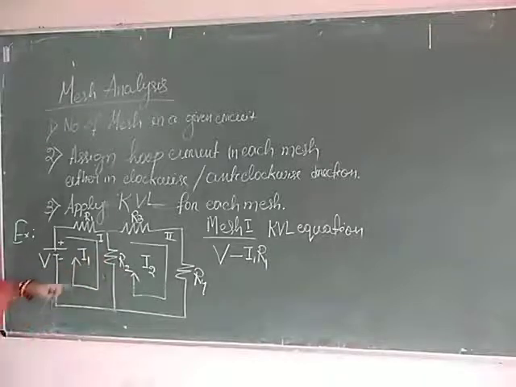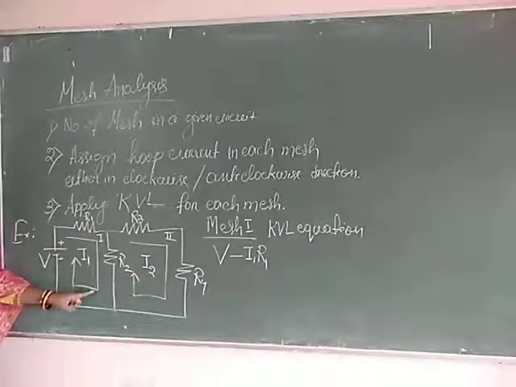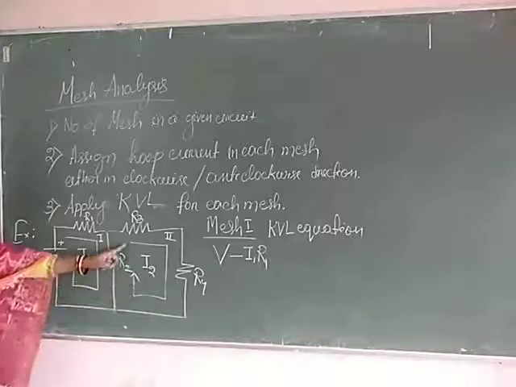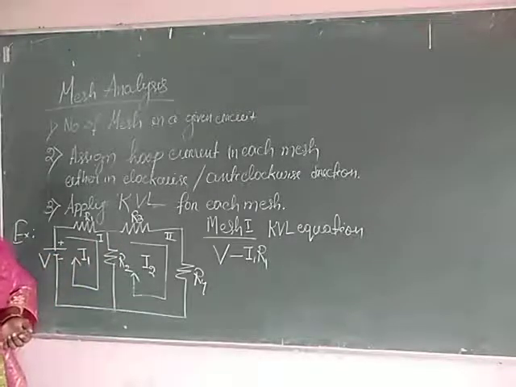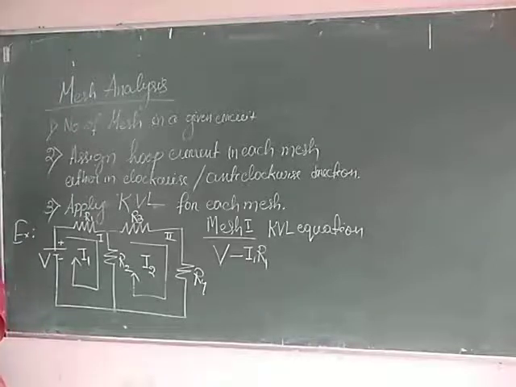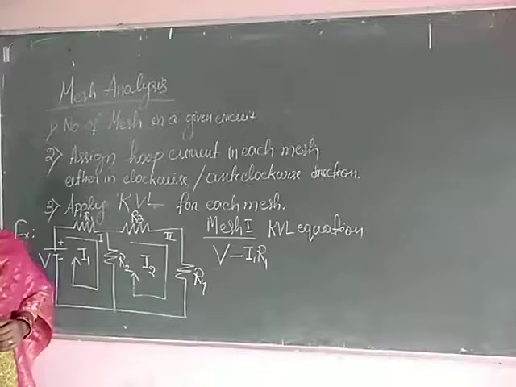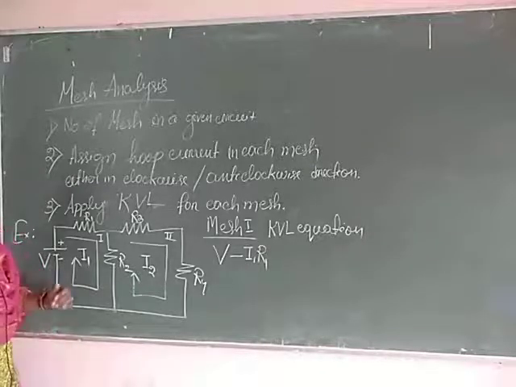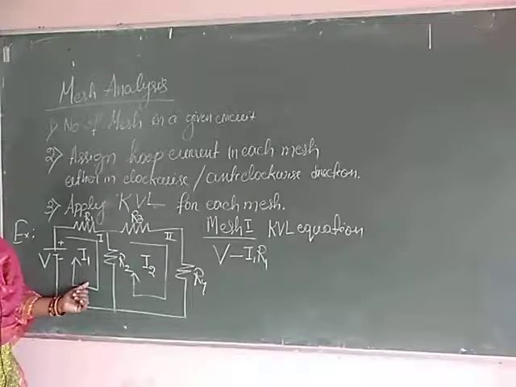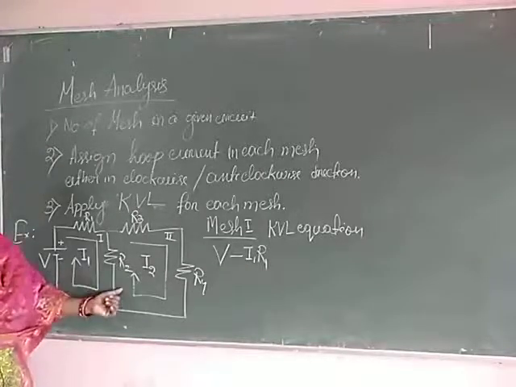If you see, I1 is downward, I2 is upward. I1 and I2 are opposed to each other. So the resultant is I1 minus I2. You may have the question, why not write it as I2 minus I1? As I write the KVL equation for loop 1, I assume its current is greater than the neighboring current.